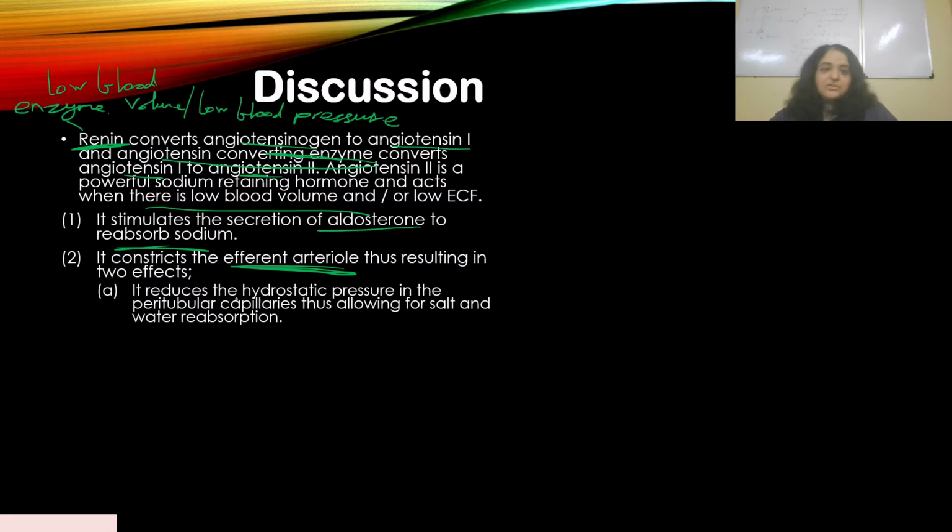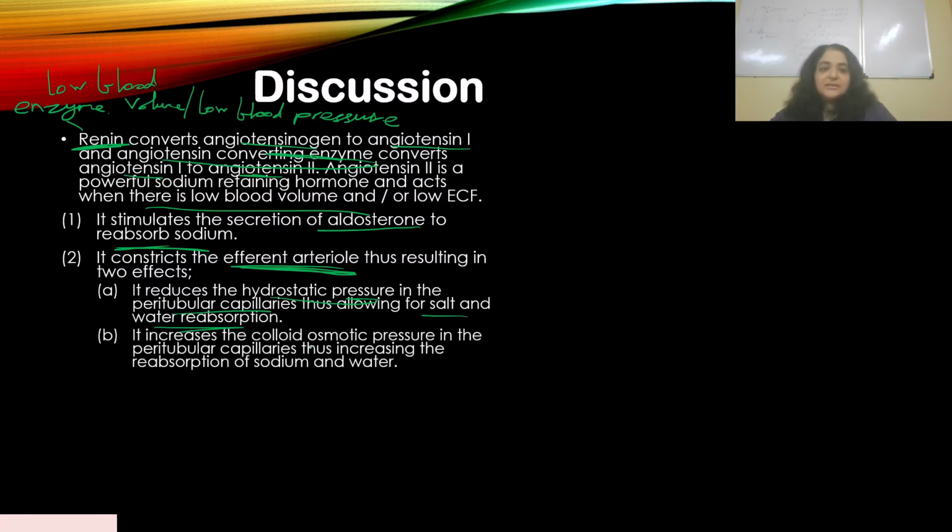First, it reduces the hydrostatic pressure in the peritubular capillaries, thus allowing for salt and water reabsorption. We'll come to that in a while. And it increases the colloid osmotic pressure in the peritubular capillaries, thus increasing the reabsorption of sodium and water.